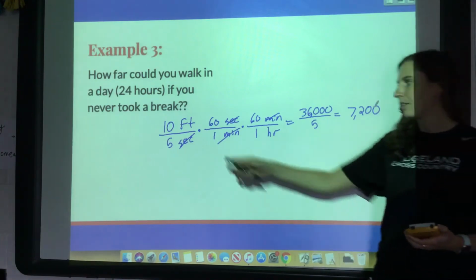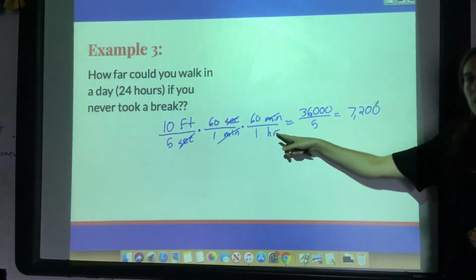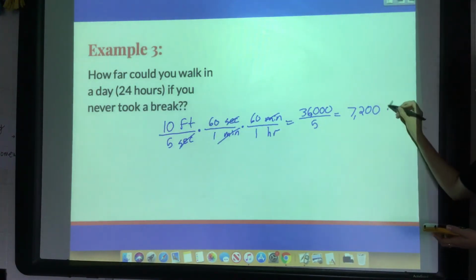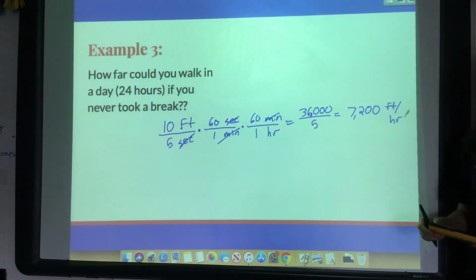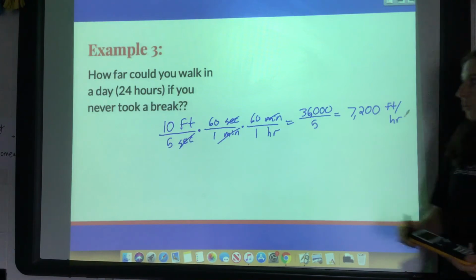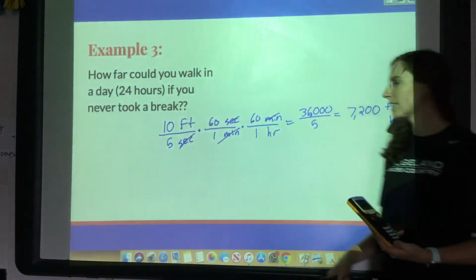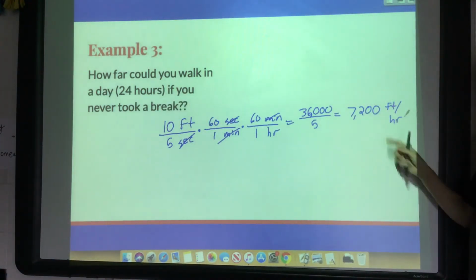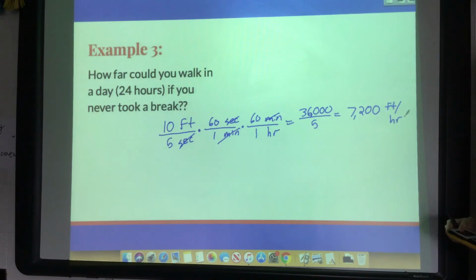Remember, that was how many feet I could go in an hour. That's what we're currently at. So if we never took a break, if we went for 24 hours, this is how many feet I could go in 1 hour. To get to 24 hours, just multiply by 24.